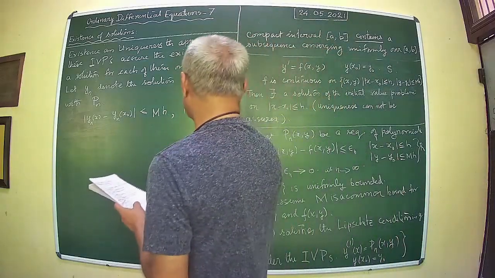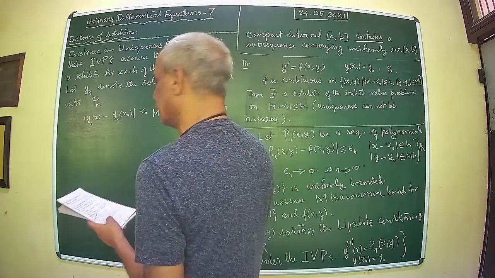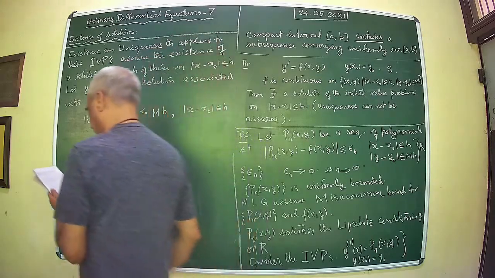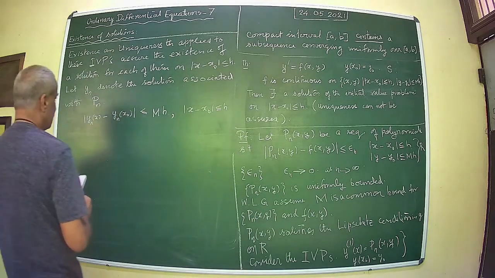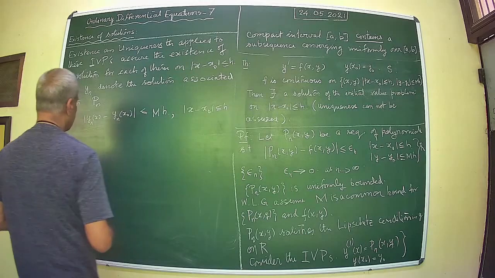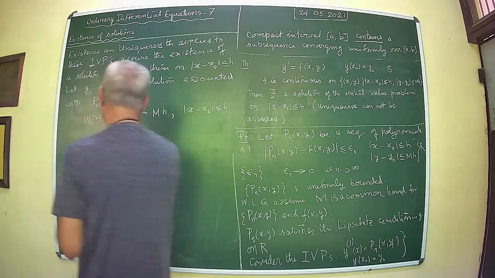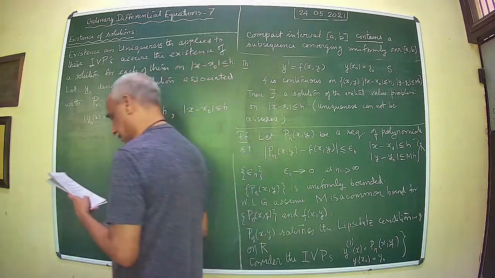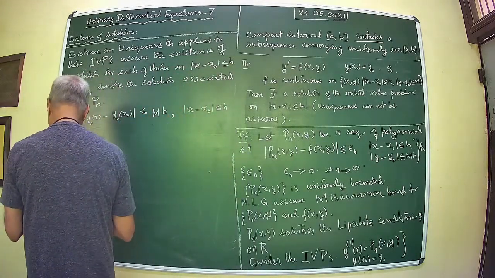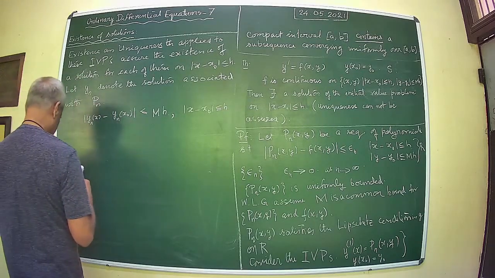So in that rectangle you are going to have all the graphs of these functions contained. The second point is this: yn(x naught) is actually y naught. Okay, so that is that. Now you see that yn is also okay.